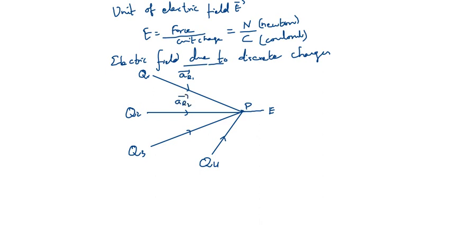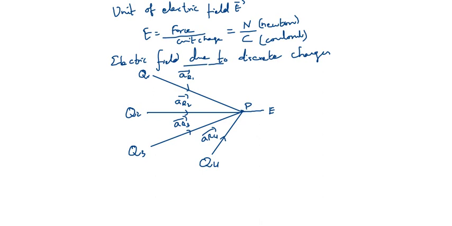Now we want to find the total electric field intensity at the point P, that is, the force experienced at the point P due to all these charges Q1, Q2, Q3 and Q4.